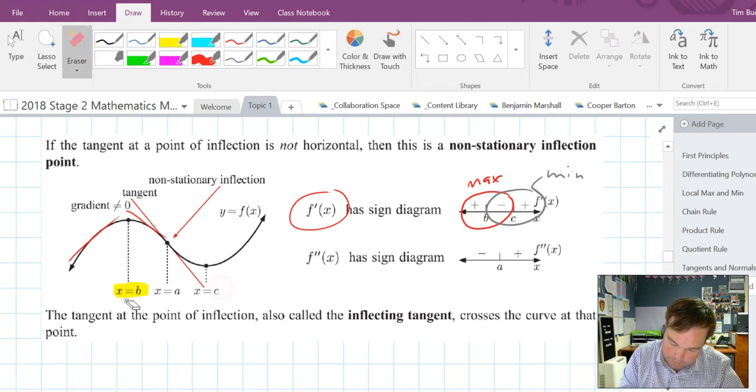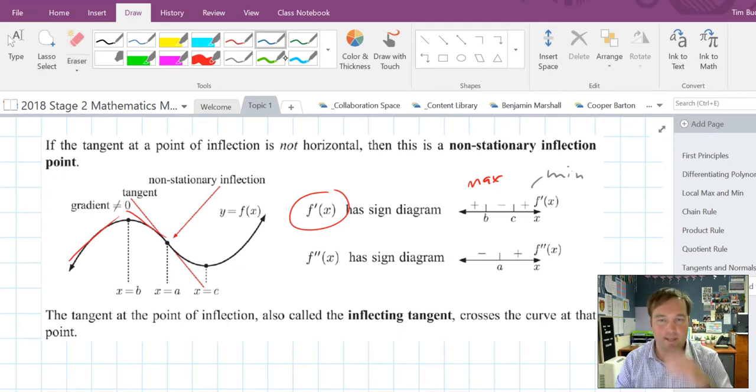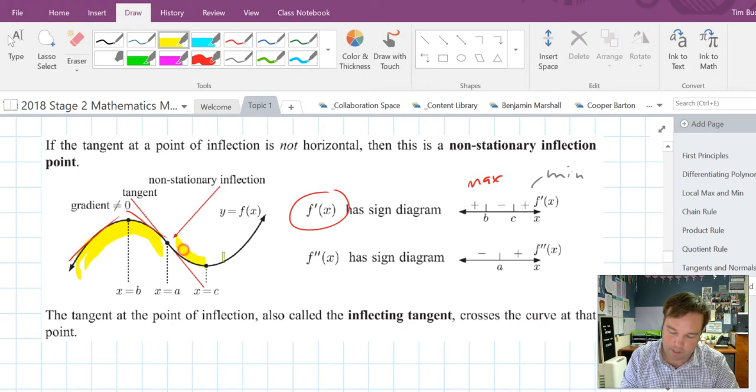Note how point A doesn't appear at all in the f dash x. They don't have to have the same critical points, because here is a non-stationary inflection point. And this non-stationary inflection point is indicating when we're going from concave down to concave up. So from negative to positive on the second derivative. And that's what's happening at A.